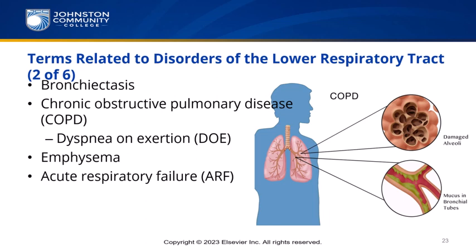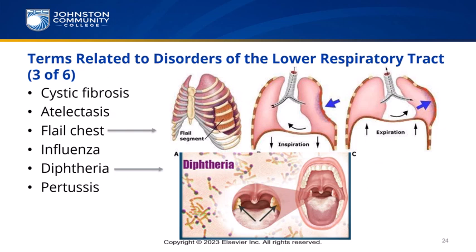Then we have emphysema, which is an abnormal condition characterized by distension and destructive changes of the alveoli. Then we have acute respiratory failure, which is a sudden inability of the respiratory system to provide oxygen and/or remove carbon dioxide from the blood. Then we have cystic fibrosis, which is an inherited disorder of the exocrine glands of the lungs, resulting in abnormal thick secretions of mucus.